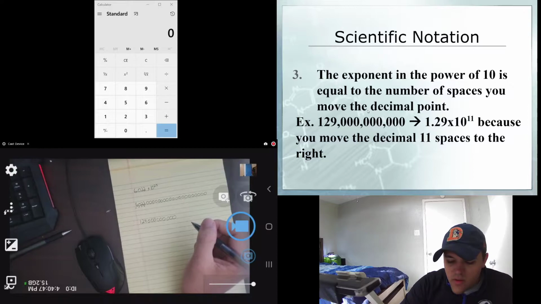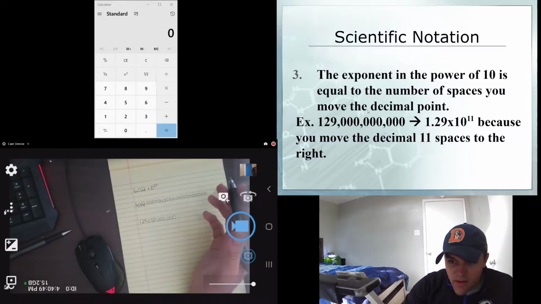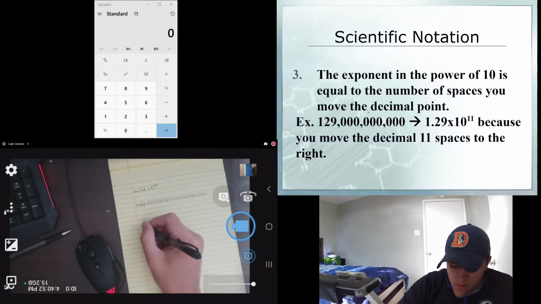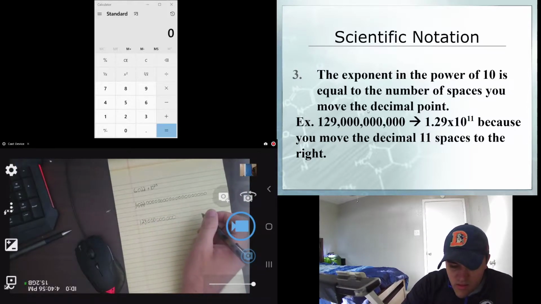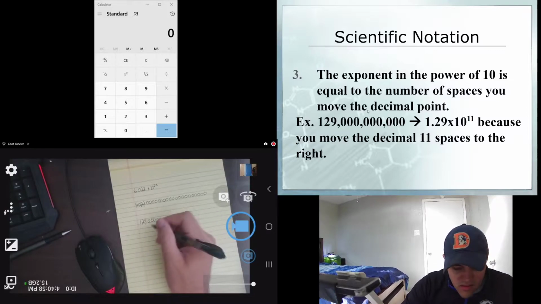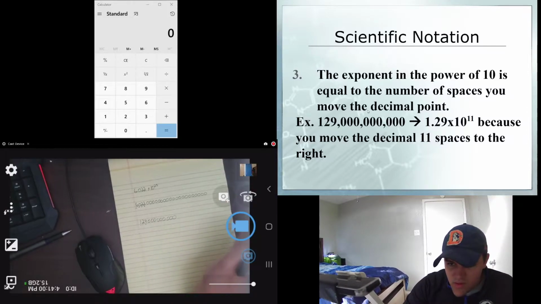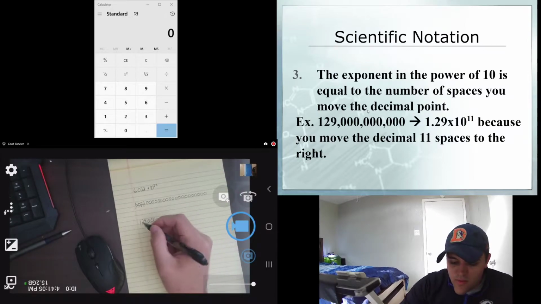We know that first step is to figure out how many sig figs we have. So the 1, the 2, and the 9 are all significant, and none of these zeros matter because they're not sandwiched between anything, and they're not after a decimal or after another sig fig. So we have 3 significant figures.